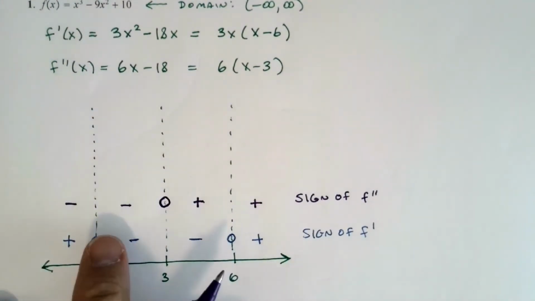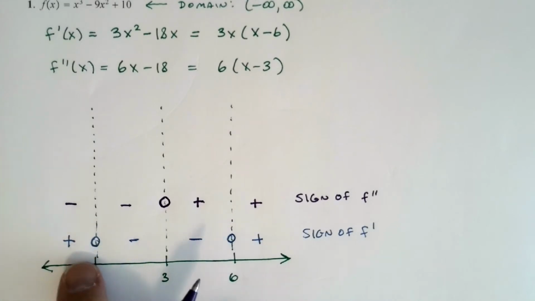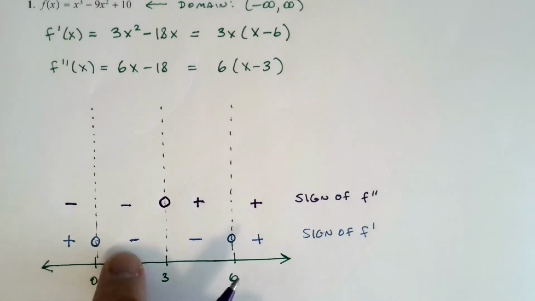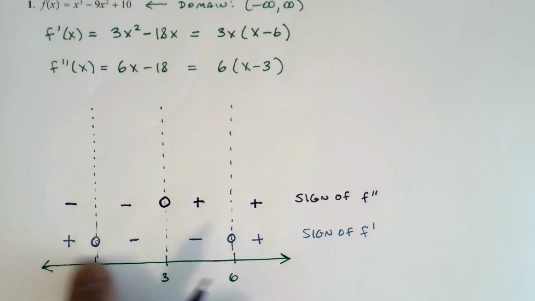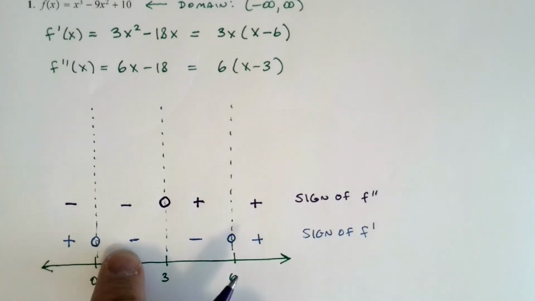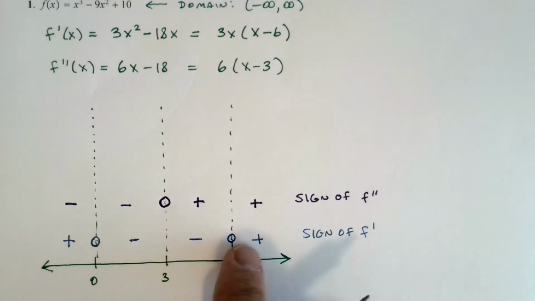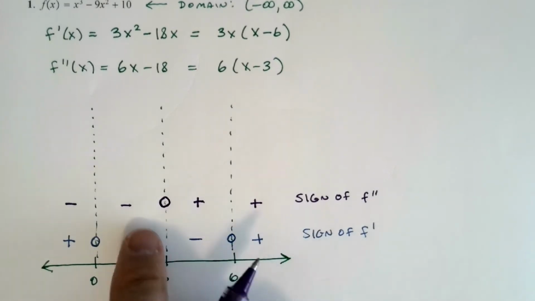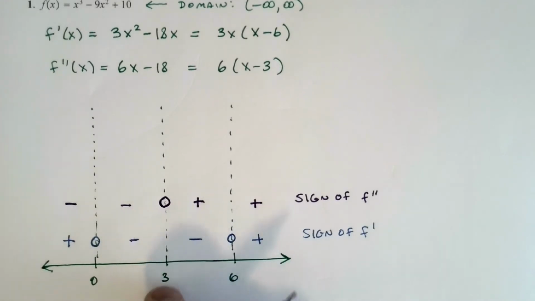And notice that we have transition points at 0, because I have a change in sign of my first derivative. And of course, we kind of know what's going on there, right? We're going to have a local max there, and then a local min at x equals 6, and a change in the second derivative means a change in concavity at 3.